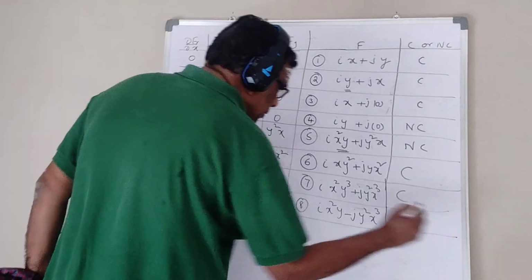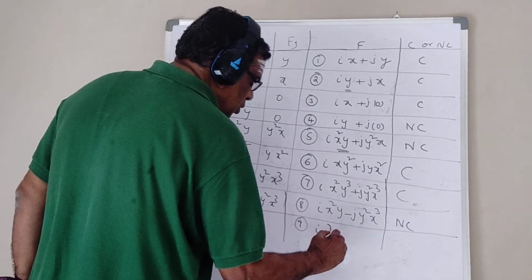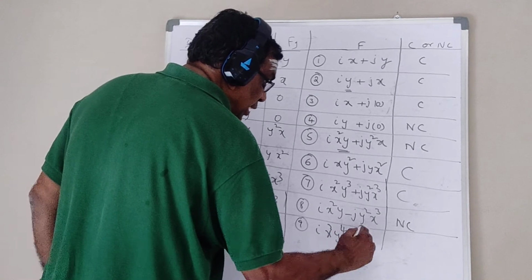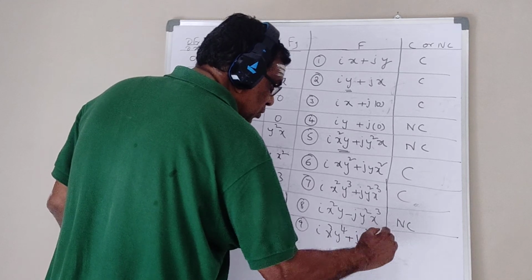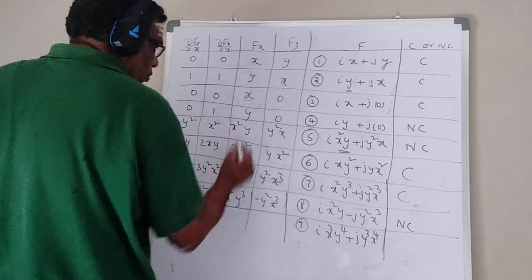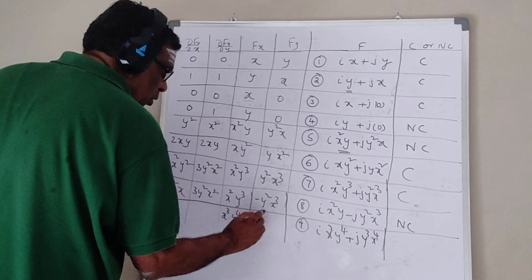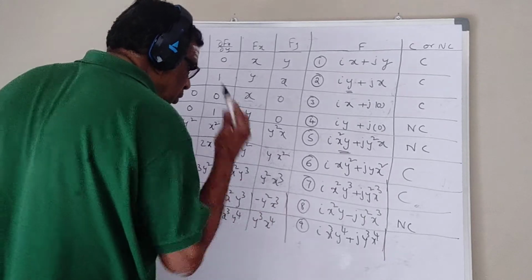I'll just give you i x cube y raised to 4 plus j y cube x raised to 4. Then what's going to happen? First of all, fx is x cube y raised to 4, fy is y cube x raised to 4.